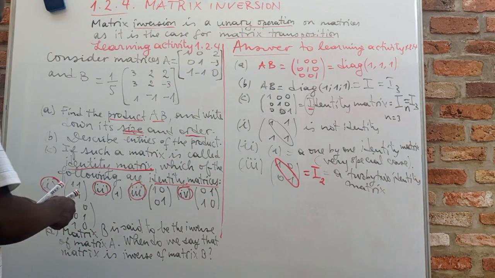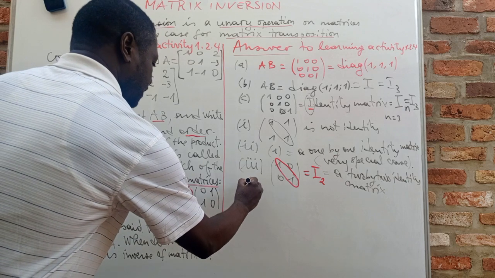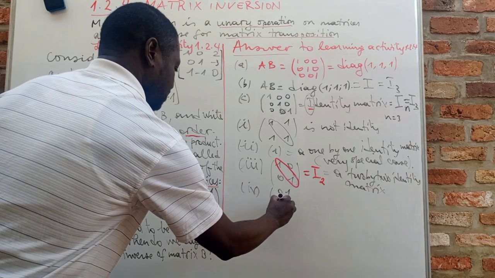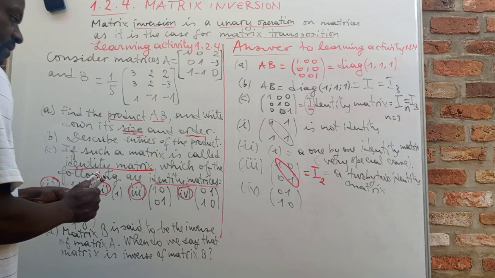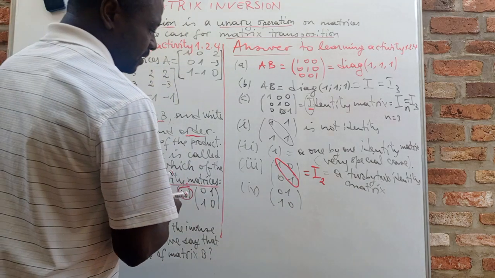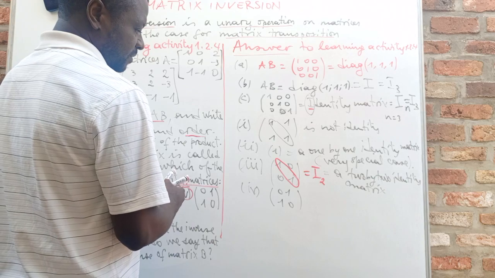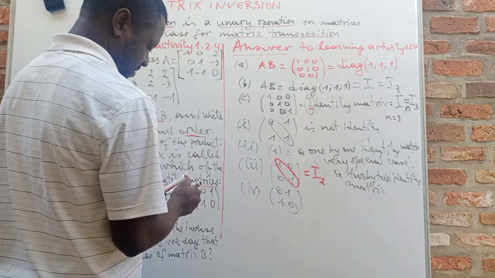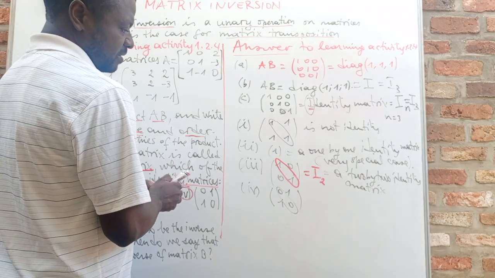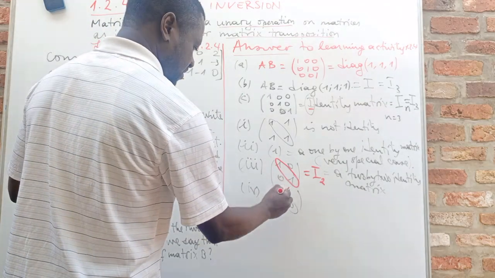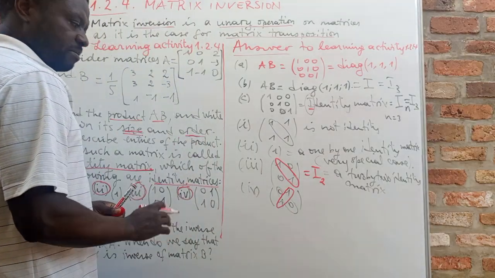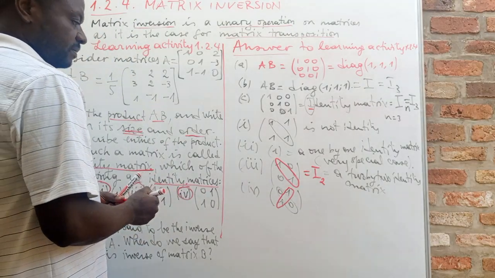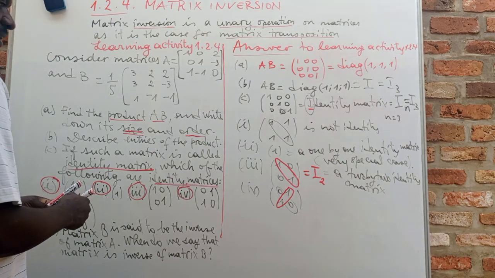Now number 4. We have 0, 1, 1, 0. Here the diagonal elements are 0 and the non-diagonal elements are 1, so this is not a diagonal matrix.